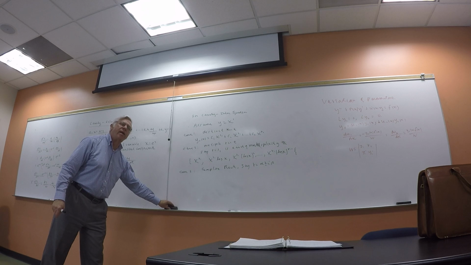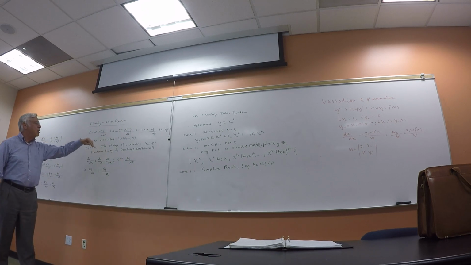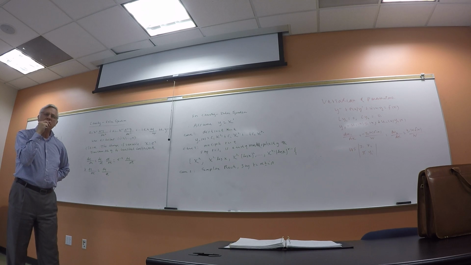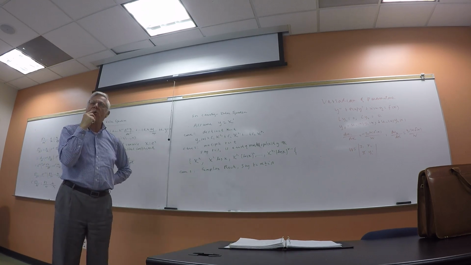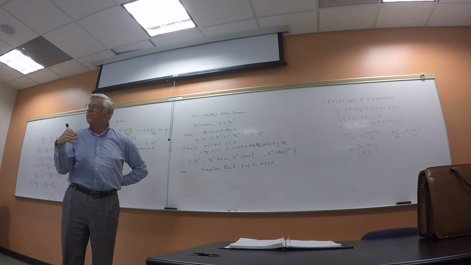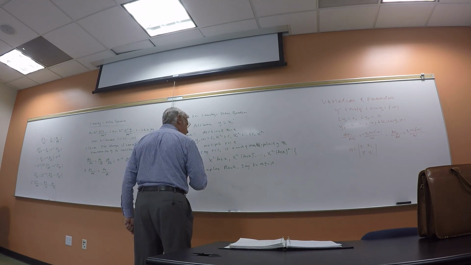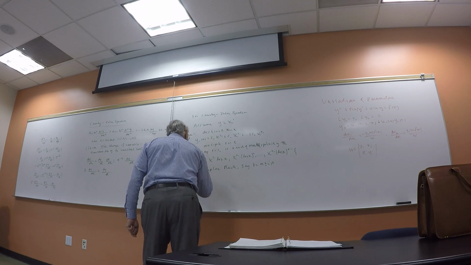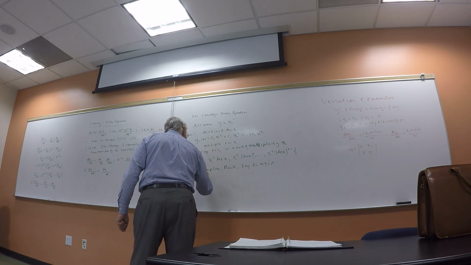Go back again. Imagine you transform variables by x equals e to the t out of a constant coefficient equation. What were the solutions for a complex root when we had constant coefficients? e to the alpha t cos beta t, e to the alpha t sine beta t. Well, what's the e to the alpha t? That's x to the alpha.